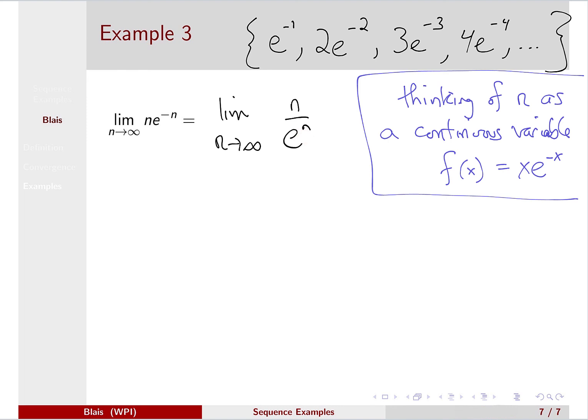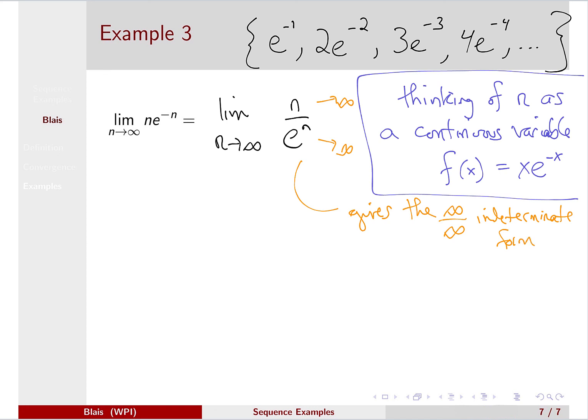Then this function qualifies for use of L'Hopital's rule. So we see the numerator is approaching infinity, as is the denominator. So this gives the infinity over infinity indeterminate form.